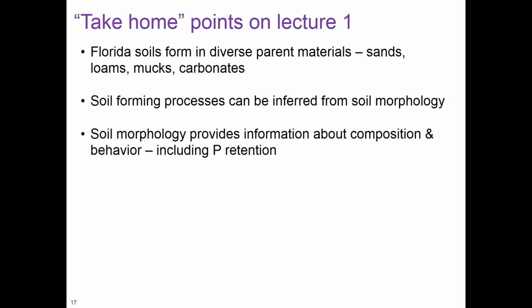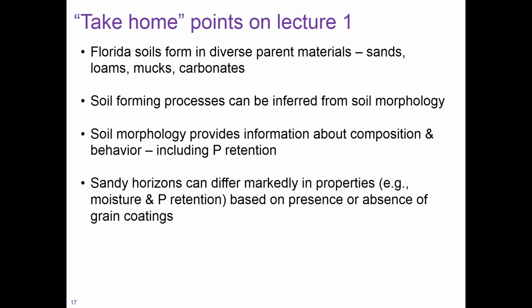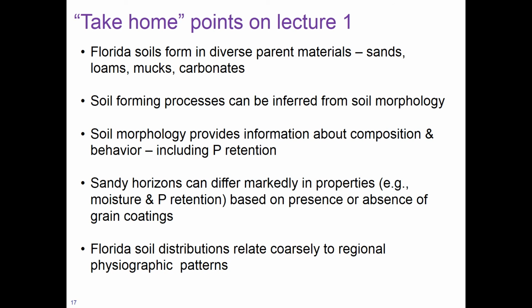Soil morphology provides information about composition and behavior, including phosphorus retention, and we'll certainly expand upon that in subsequent lectures. Sandy horizons can differ markedly in properties, such as moisture and phosphorus retention, based on presence or absence of grain coatings. And Florida soil distributions relate coarsely to regional physiographic patterns.